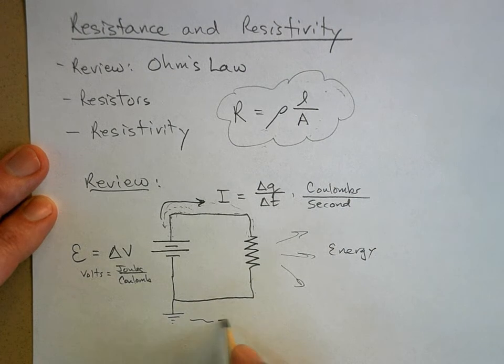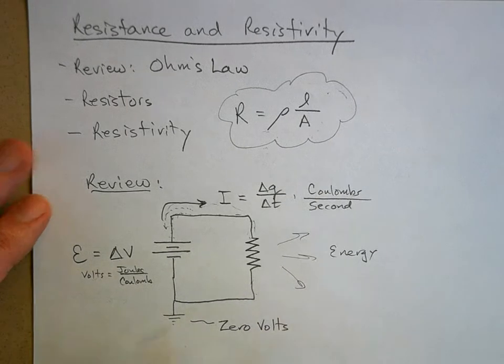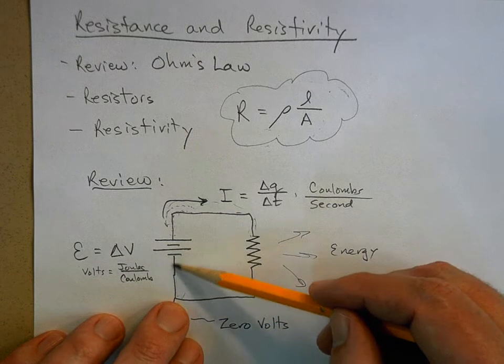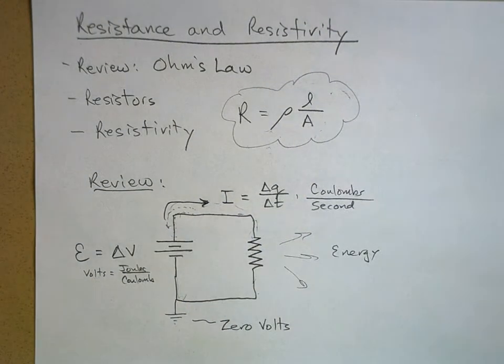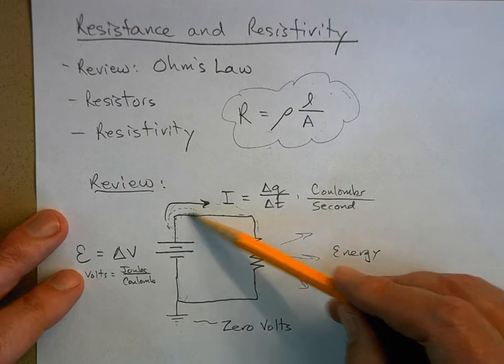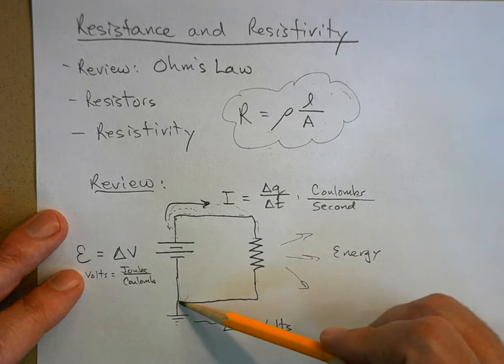This means this is where it's 0 volts, the same voltage as the ground. But this comes up, boosts the energy contained by the charge, gives up that energy through the resistor, and now we're back where we started.